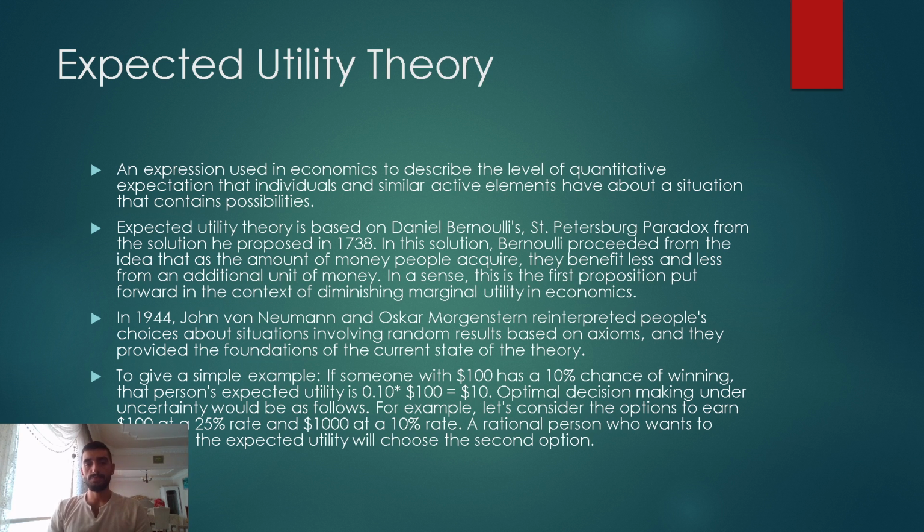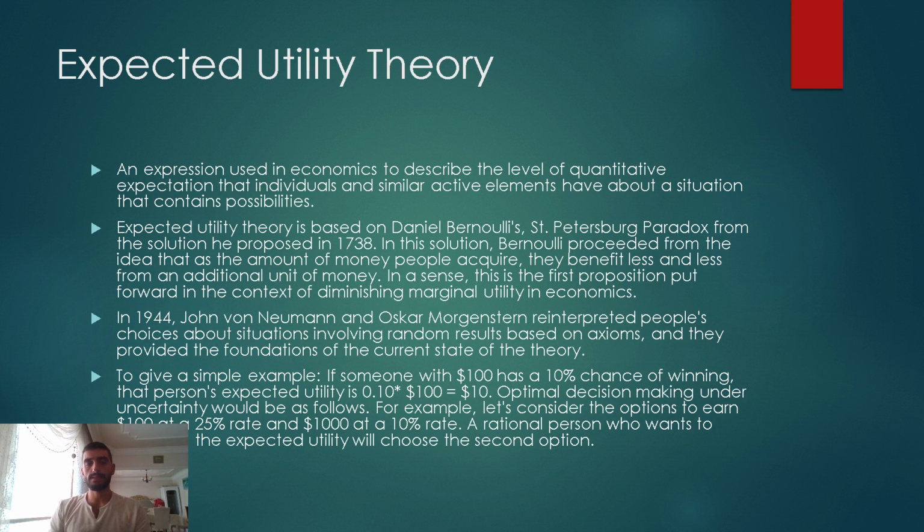In 1944, John von Neumann and Oskar Morgenstern reinterpreted people's choices about situations involving random results based on axioms, and they provided the foundation of the current state of the theory.